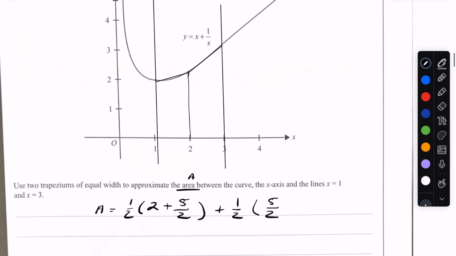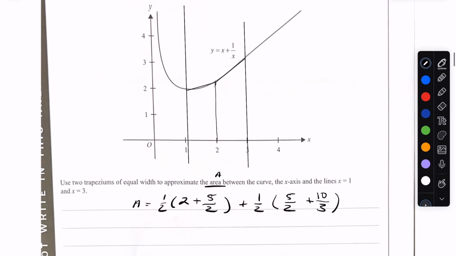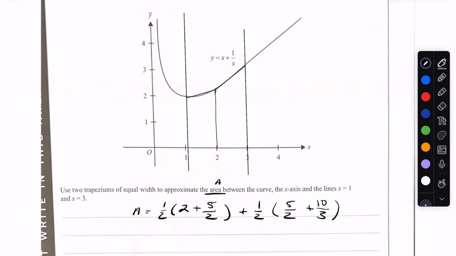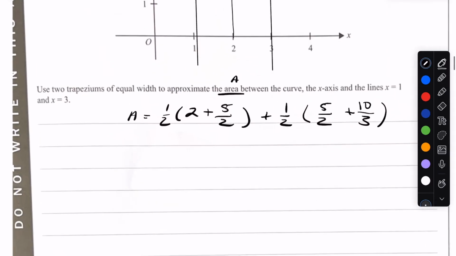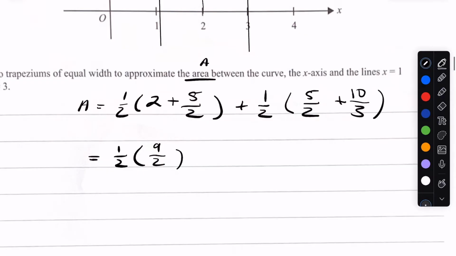And then f of 3 is 3 plus 1/3, which is 10 on 3. And then times by 1. Just double check that. 1/2 times 1. Yeah, that looks about right. And that is 1/2, 4 over 2, that's 9 over 2. Plus 1/2, 15 plus 20 on 6 is equal to 35 on 6.